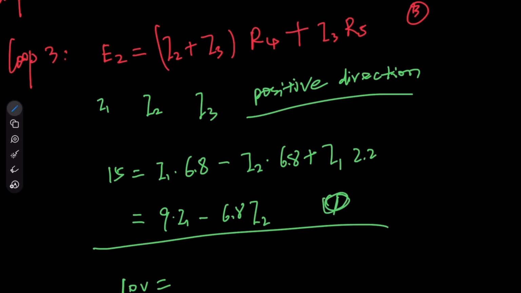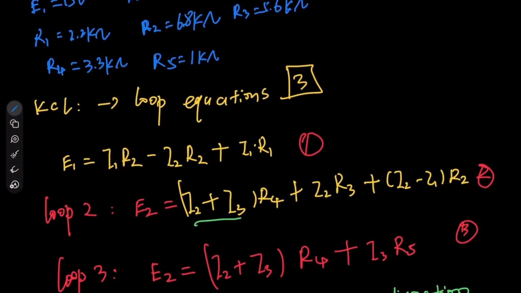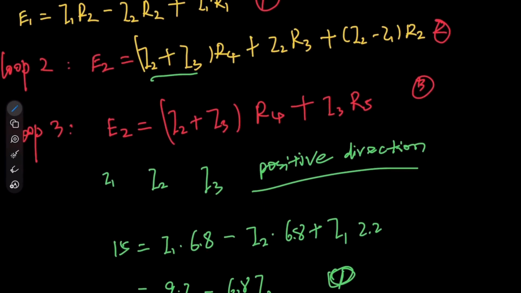For the second equation, 10 volts equals I2 plus I3 times R4, which is 3.3 kilo ohms, and then plus I2 times R3, 5.6.